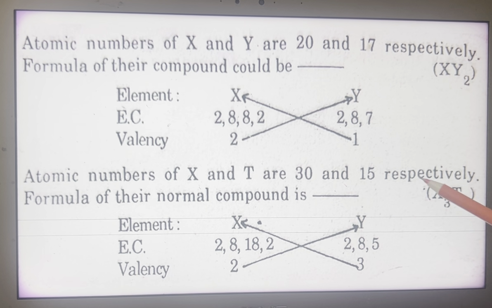Leaving the minus, its valence is 3. Y has 3, X has 2. On crisscrossing, X3, Y2. X3Y2 is the formula for that compound having atomic numbers 30 and 15.